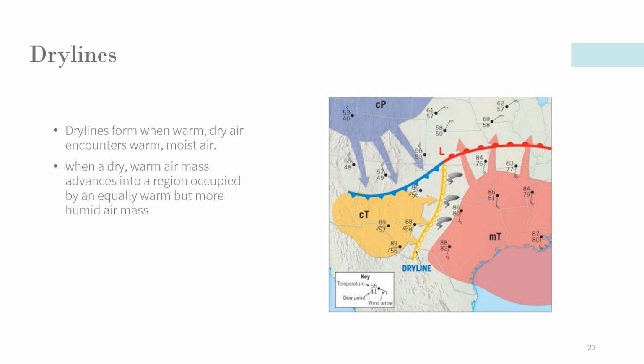The continental tropical is represented by this yellow color, and the maritime tropical is represented by this reddish color.